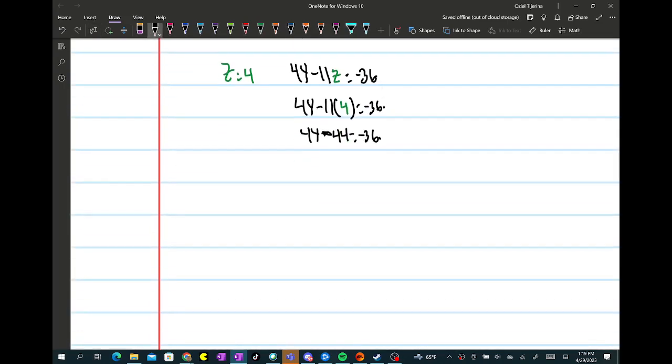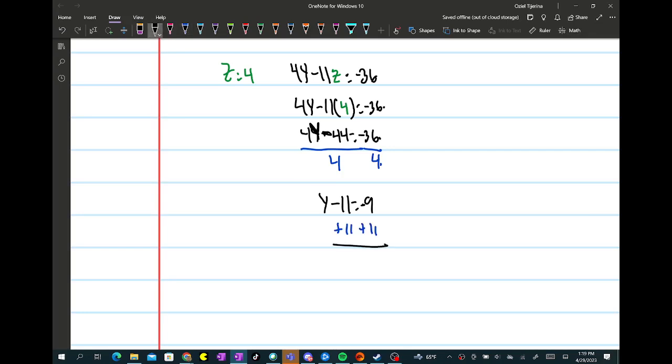And then finally we're going to just say plus 44 on both sides. You can also just divide both sides by 4, right? So you can say y minus 11 equals negative 9. And then you just add 11.